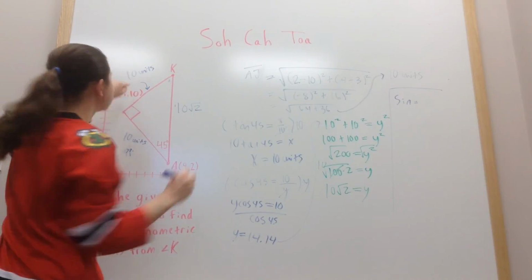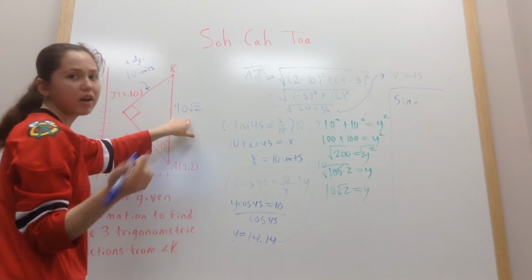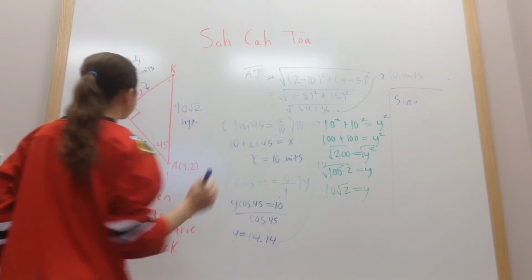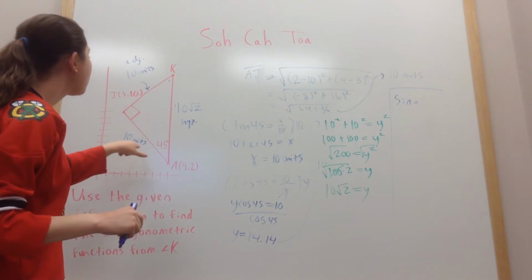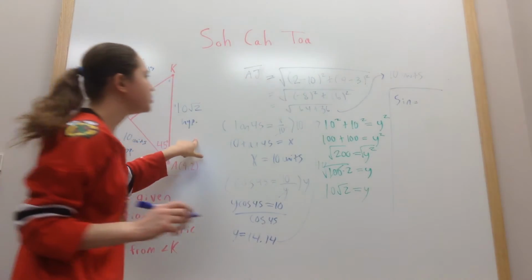This side will be adjacent then. And right here, my longest side will be my hypotenuse. So let's just label that. Alright, so sine, or the SO in SOHCAHTOA, is always opposite over hypotenuse. So that's going to be 10 over 10 root 2.